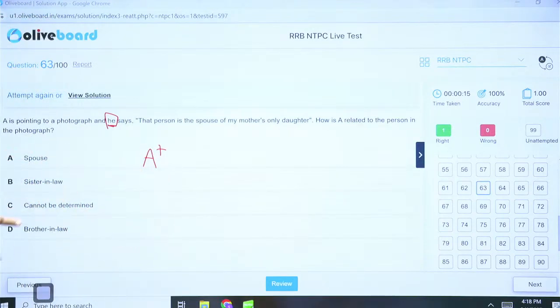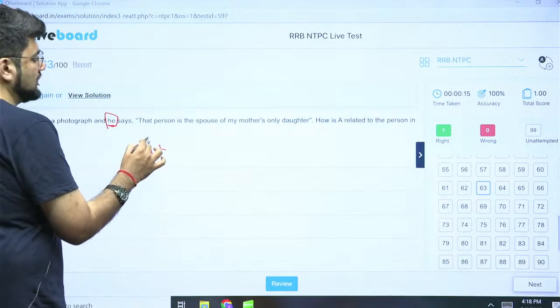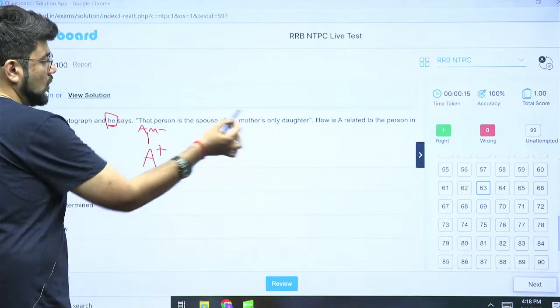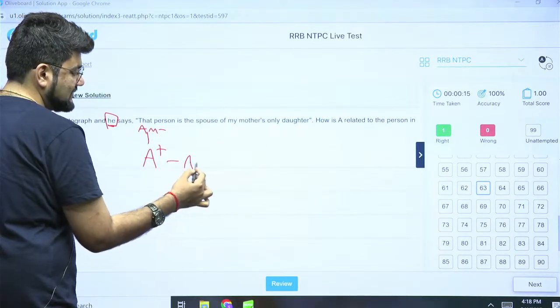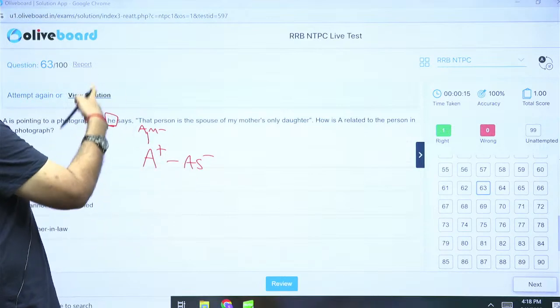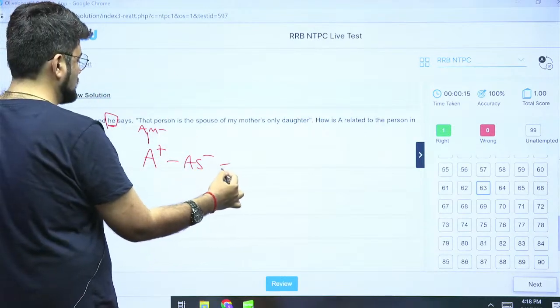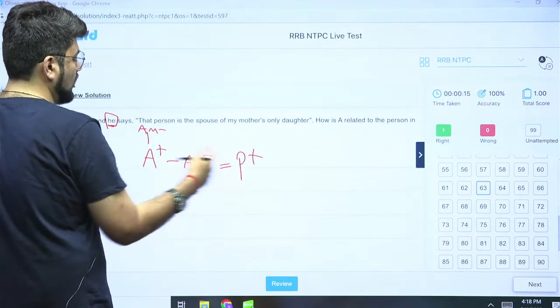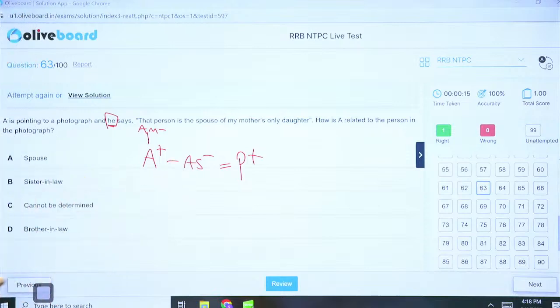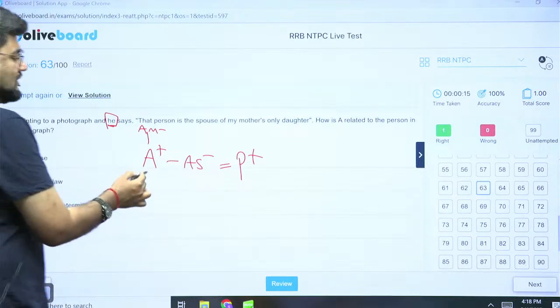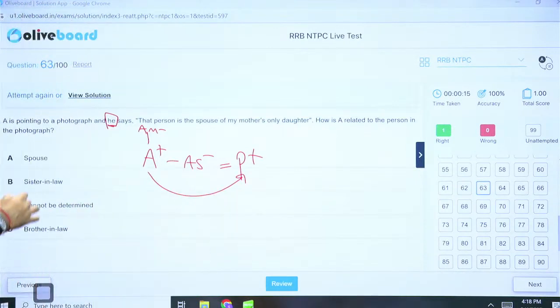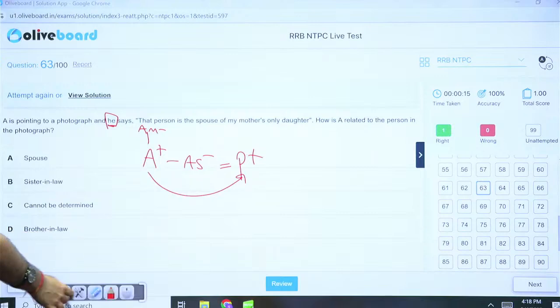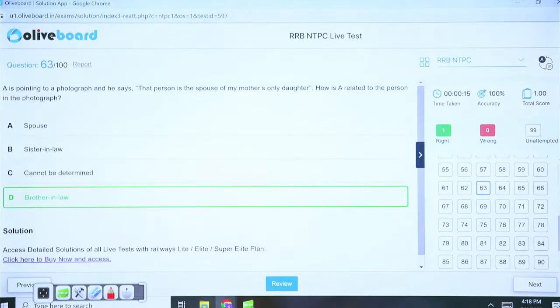A's mother's only daughter is A's sister, and that person is the spouse of her. How is A related to the person in the photograph? It has to be brother-in-law. A lot of students ended up marking cannot be determined, unfortunately, but brother-in-law is the absolute correct answer.